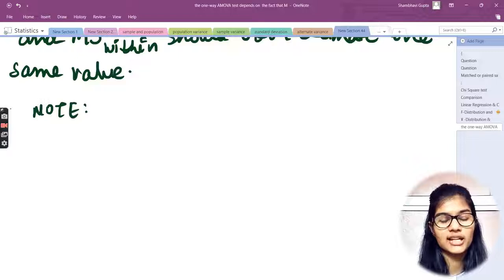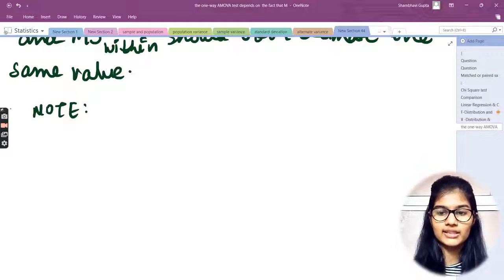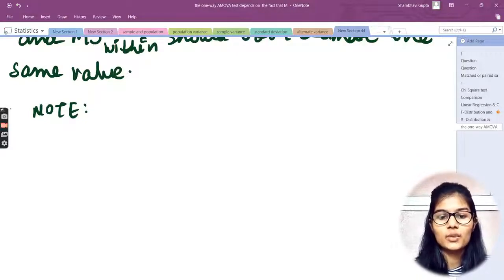What's the reason? It is assumed that the populations are normal and they have equal variances, meaning the populations we are having have similar variances.